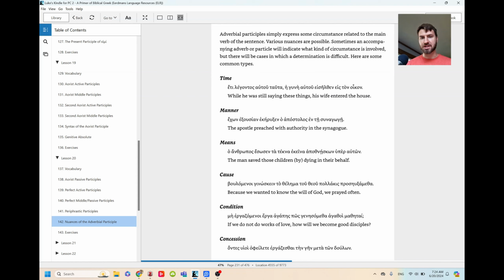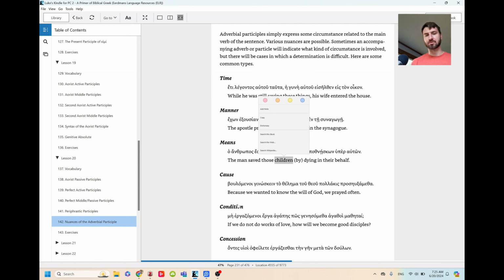The apostle is preaching with authority, having authority, by means of some authority, or in the manner of authority. So here, the man saved the children, dying for them. And so we can, in English, say by dying for them. But notice, it's just a normal participle, but we'd say it's being used in a way to tell the means of how this man saved those children.